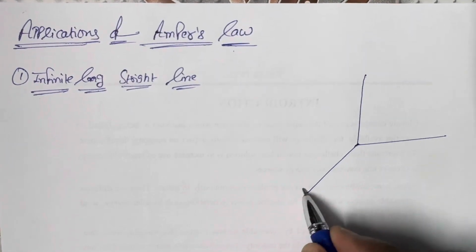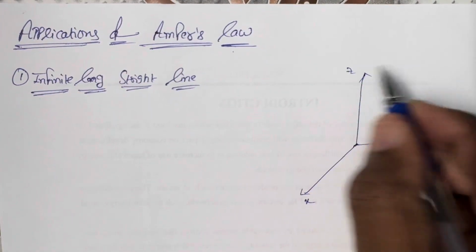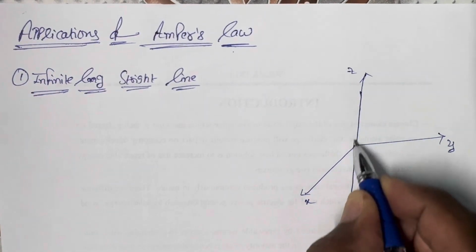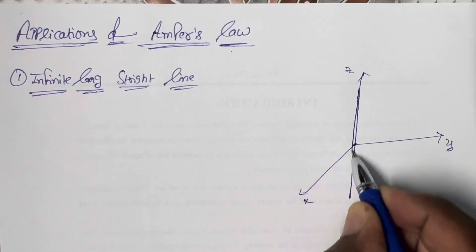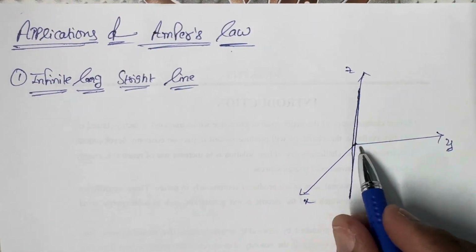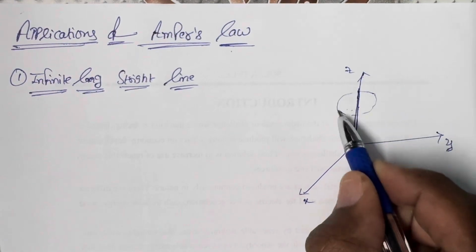like this, x-axis, y-axis and z-axis. Now I am placing an infinite line along the z-axis, and it creates a field around it like this.